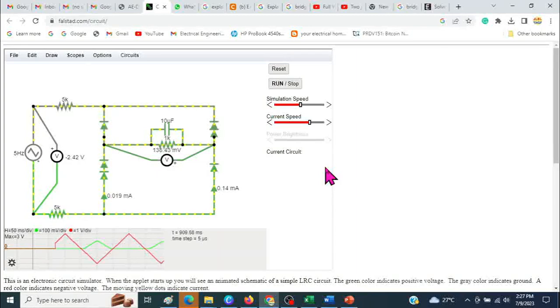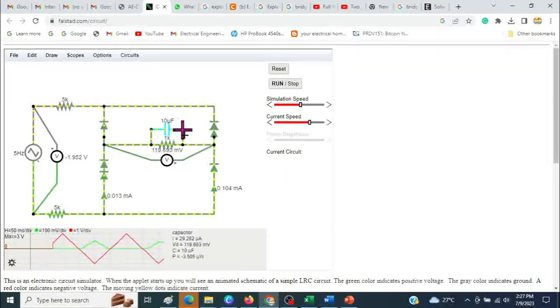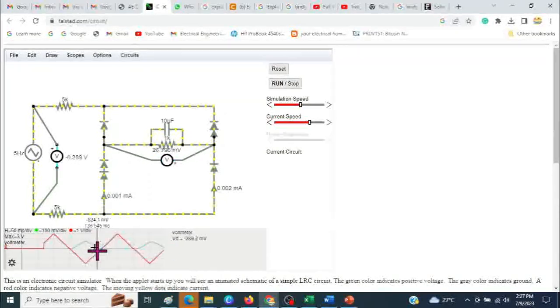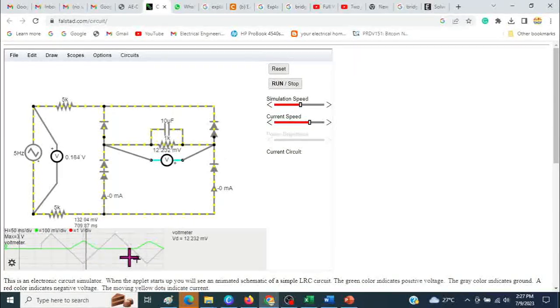Okay, now it has reached full negative, and now see the capacitor is reverse charging. Now the capacitor has fully charged, and it is again adding into the current, and so the shape is now flattened slightly compared to this. This was following exactly the same shape, but this is slightly flattened than this one.